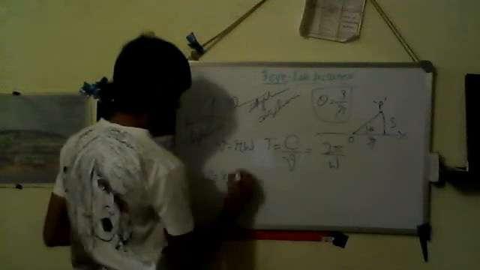So a is equal to r alpha. a can also be written as v squared by r, or omega squared r. All are the same, so it can be written in this form.